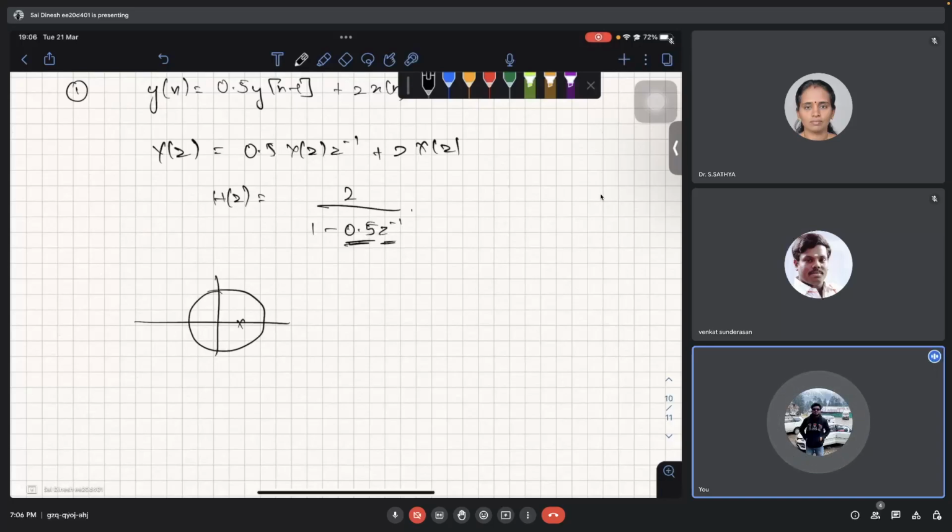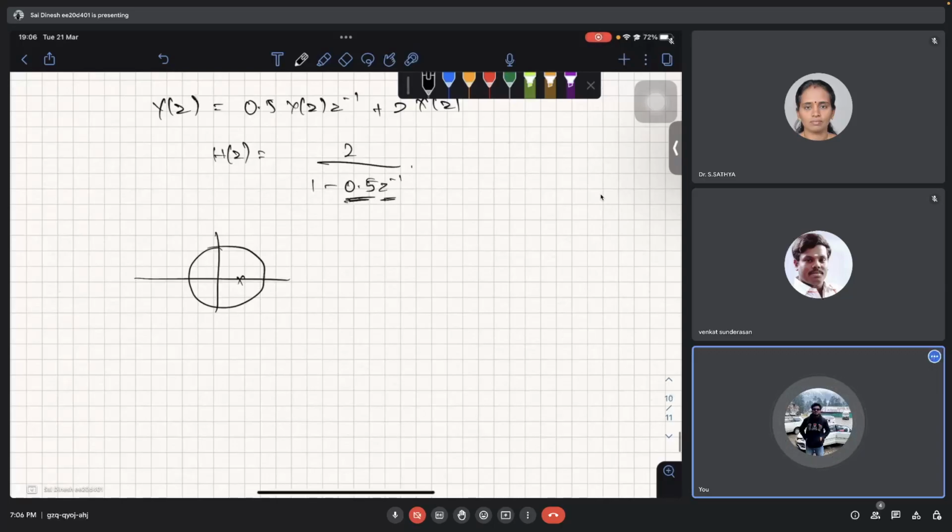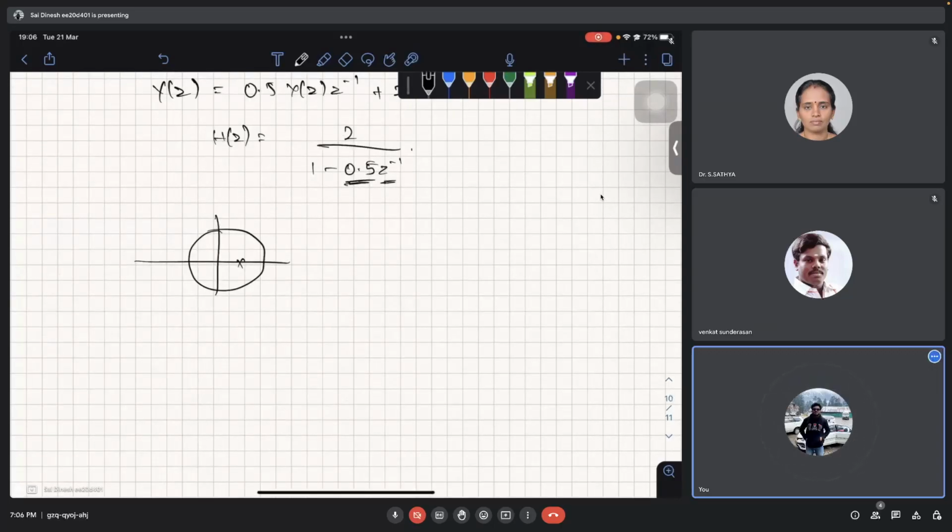A pole at this point means there is a peak at zero frequency, and then there is a broad valley. So this is similar to a low pass filter. So H of e power j omega is 2 by 1 minus 0.5 e power minus j omega.